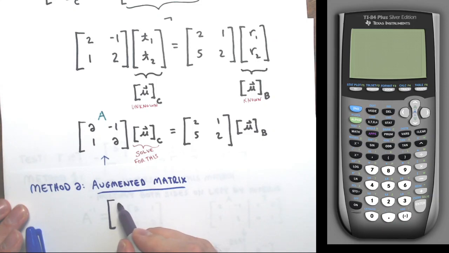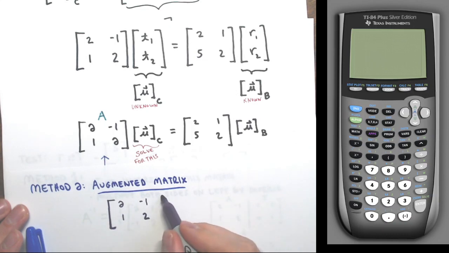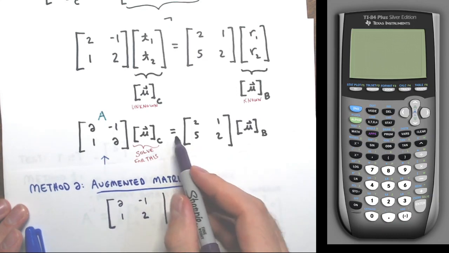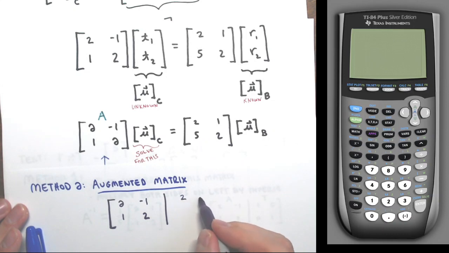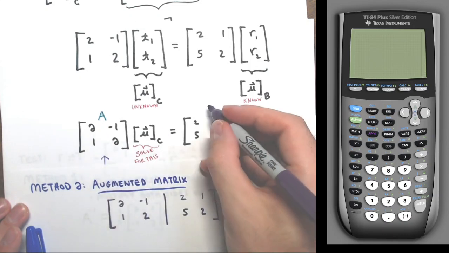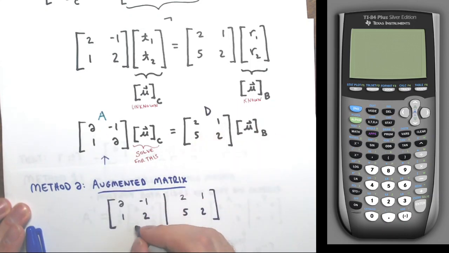I have 2, 1, negative 1, 2 on one side. Then I put a bar where the equals is, and then this matrix on the other, 2, 1, 5, 2. And I'll call this matrix A and this matrix D for now. So I got A here, D here.